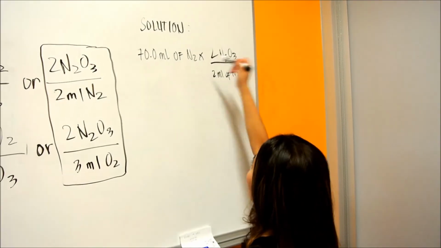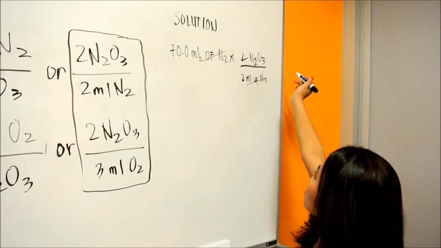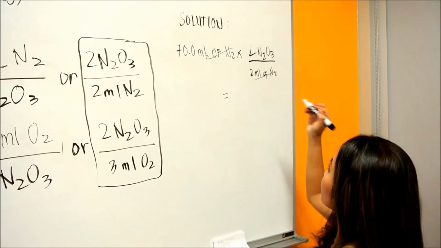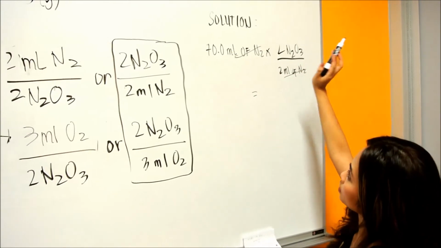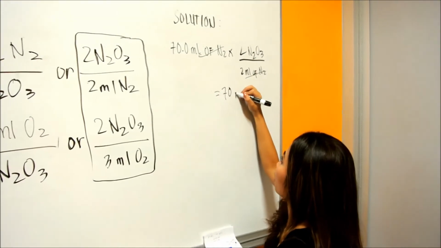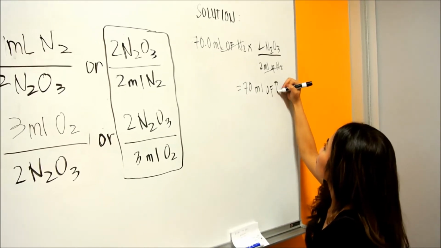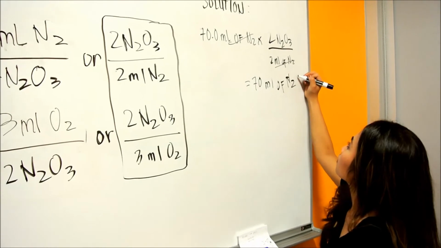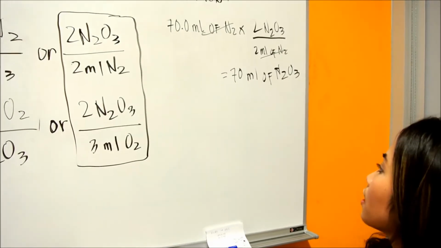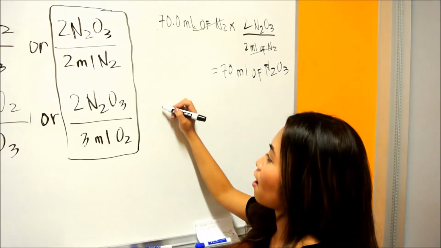So we cancel the ml of nitrogen, leaving the product. We have 70 multiplied by 2 is 140, divided by 2 is still 70 ml of dinitrogen trioxide.